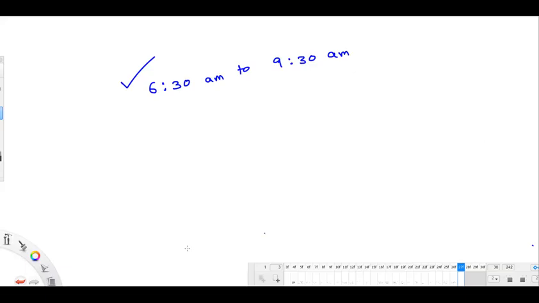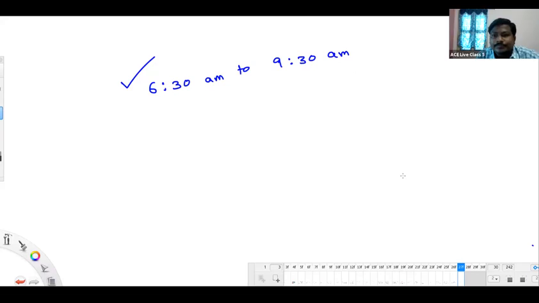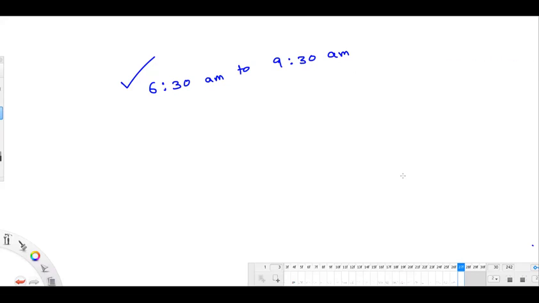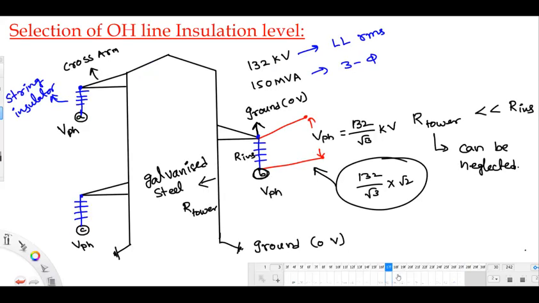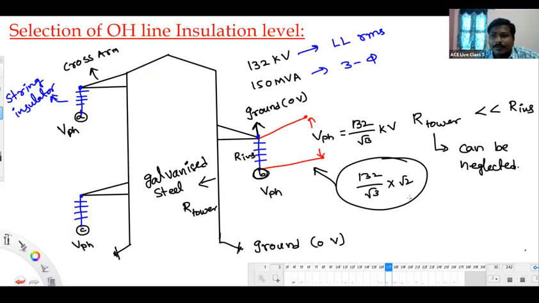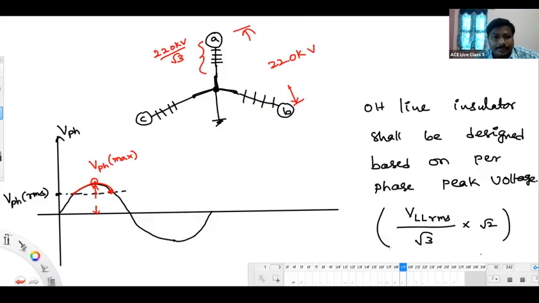Sir, in selection of overhead line insulation level, phase voltage is 132 by root 3. Sir, why multiply by root 2? Peak value we have to get, right? That's what I have shown here. Peak voltage will be line to line voltage by root 3 into root 2.